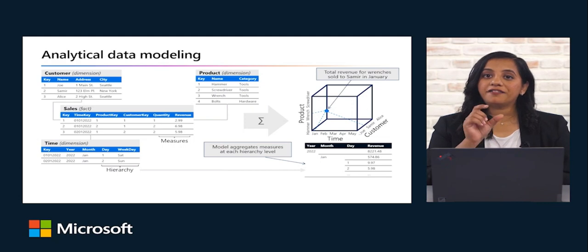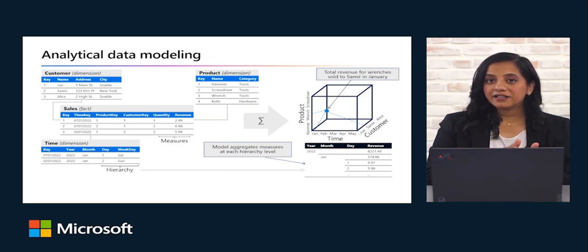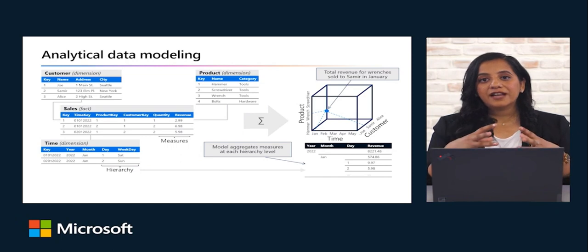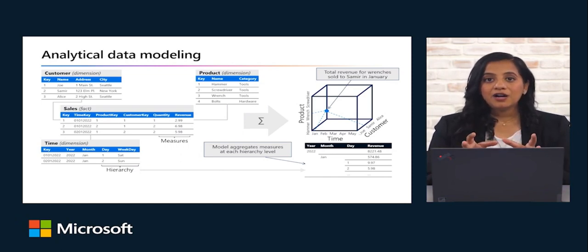This type of schema, where a fact table is related to one or more dimension tables, is often referred to as a star schema. Now imagine there are 5 dimensions related to a single fact table. The schema would form a 5-pointed star.